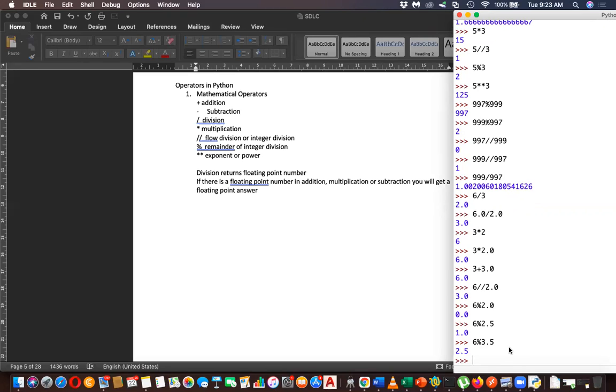When you put 2.5 it was 1, and now when you put 3.5 it's 2.5. What is actually happening there? With 2.5, you have 2.5 twice in 6. 2.5 into 2 is 5, then the remaining is 1. Understood? It's the remainder, right? Just the remainder. If it is 3.5, you have one 3.5 in that, and the remainder is 2.5.